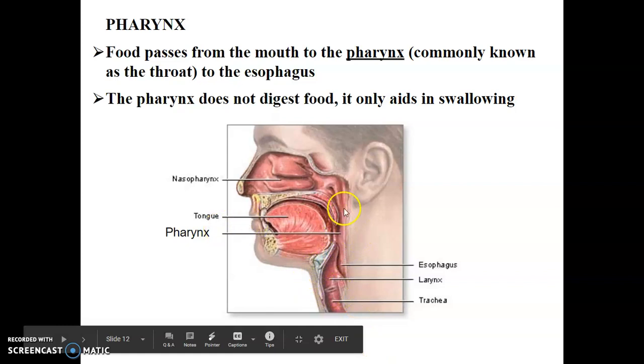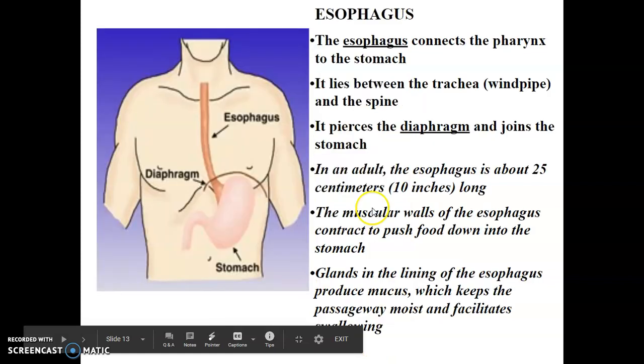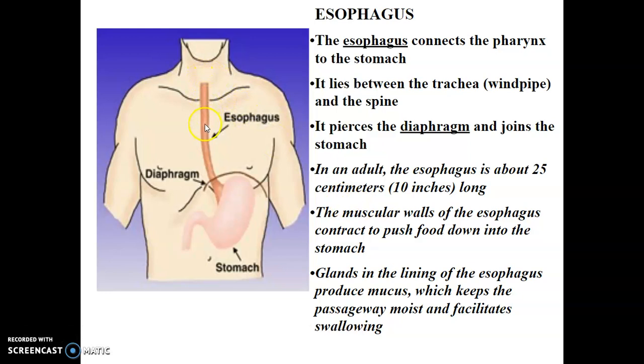Okay, so the pharynx is also known as your throat. The esophagus is right around 10 to 12 inches, depending on how tall you are, how long your torso is. The esophagus is this tube that connects the throat, or the pharynx, and your stomach. If you're looking at the body, it lies between the trachea, the windpipe that goes into the lungs and aids in respiration, we'll learn about it, and the spine.